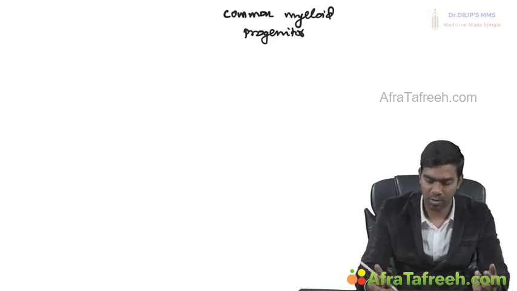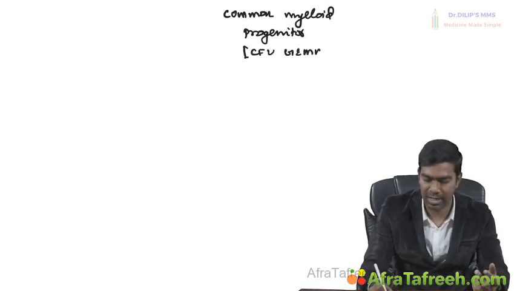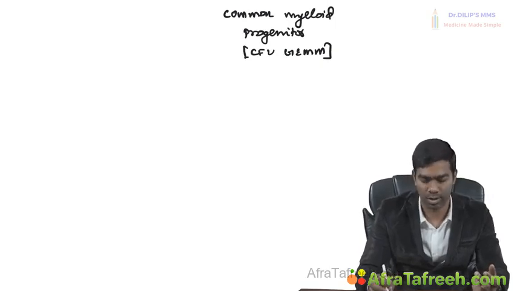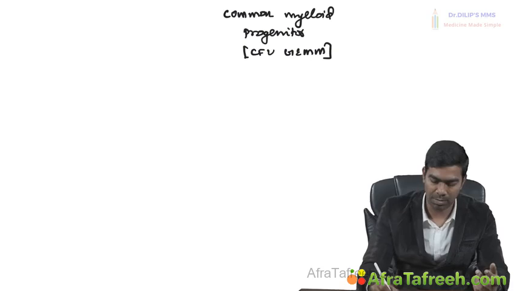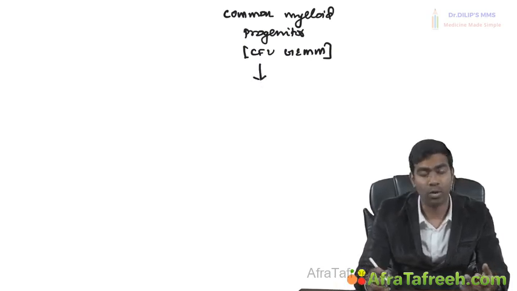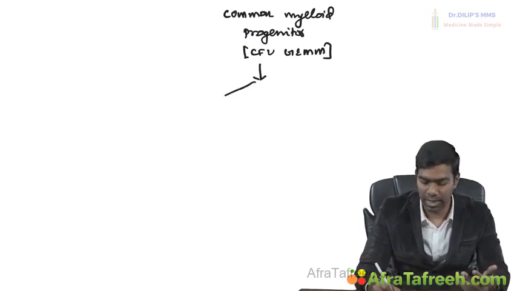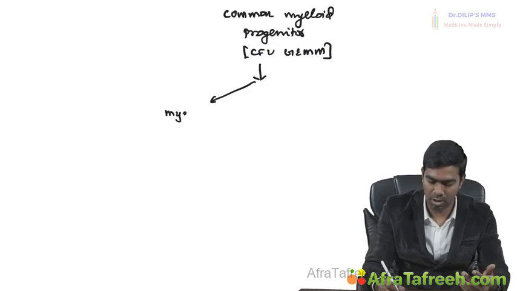This common myeloid progenitor is called CFU-GEMM, colony forming unit GEMM. This common myeloid progenitor is going to give rise to 3 types of blasts. One is called a proper myeloblast.